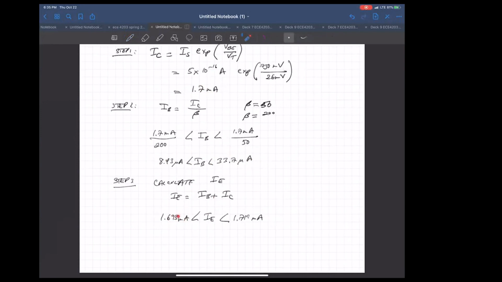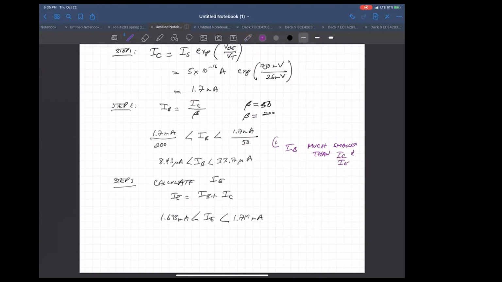Emitter current is also in the 1.6 milliamp range. So I sub b is much smaller than I sub c and I sub e.